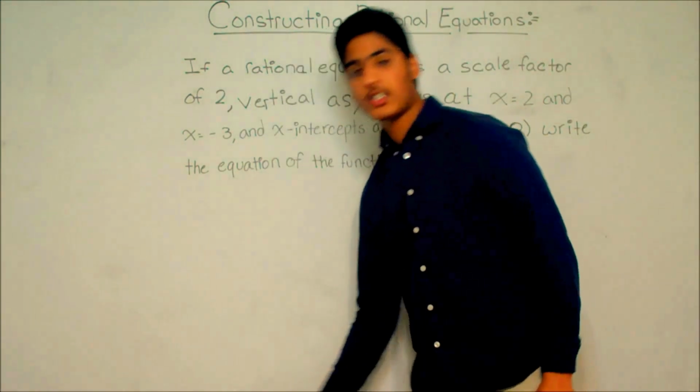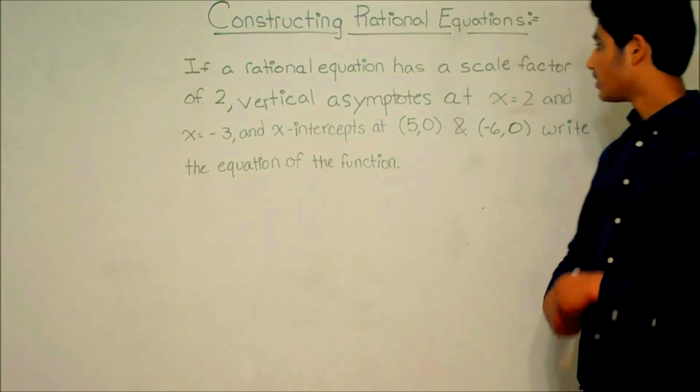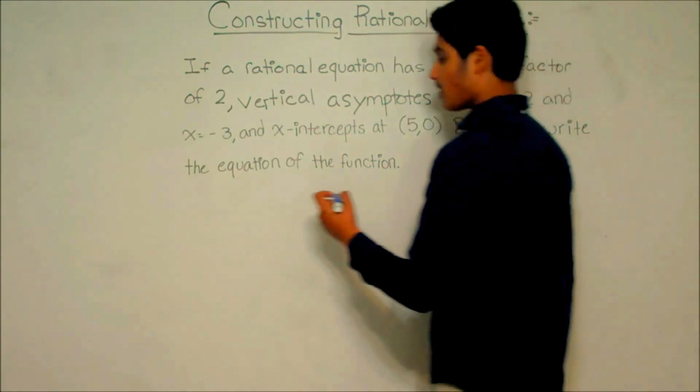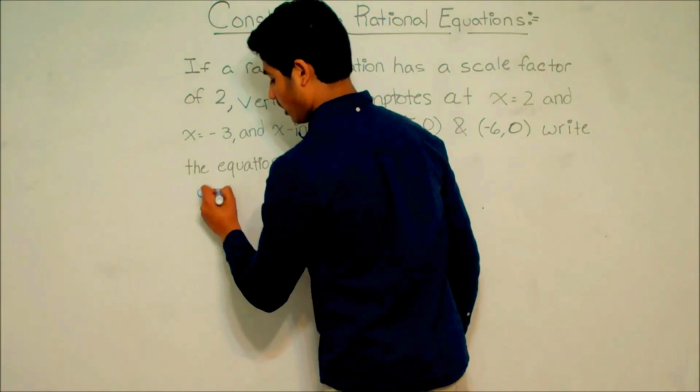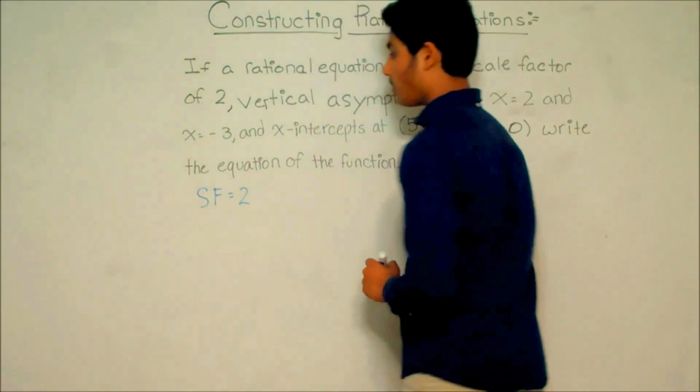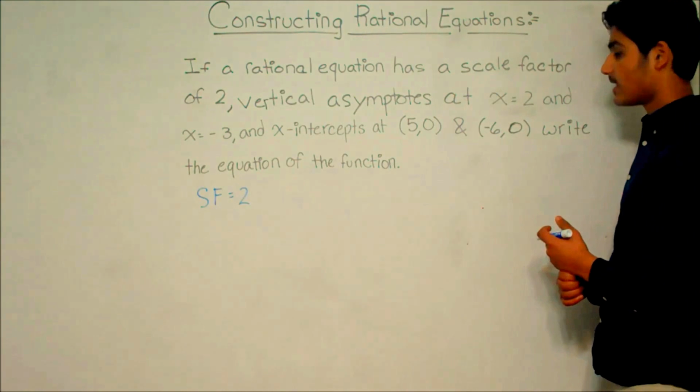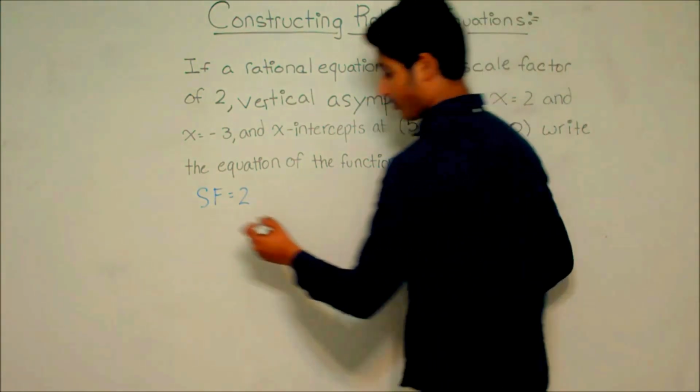So, let's first list down what we have here. We have a scale factor, SF for short, of 2. We have vertical asymptotes, VA for short, at x is equal to 2 and x is equal to -3.